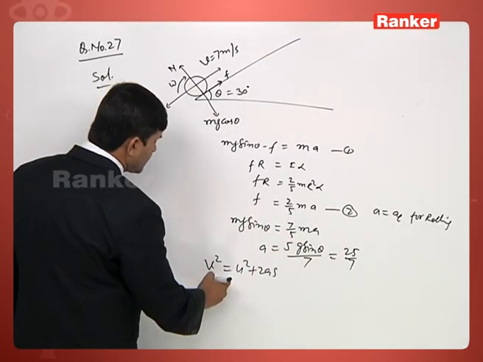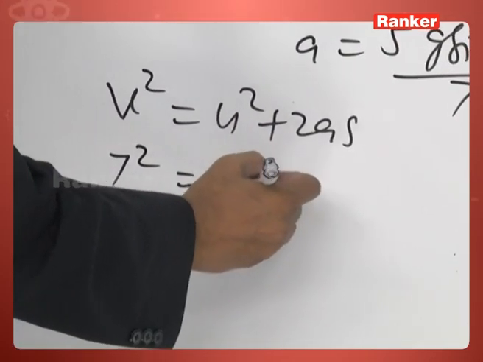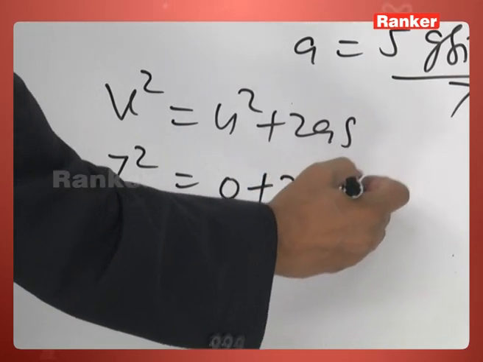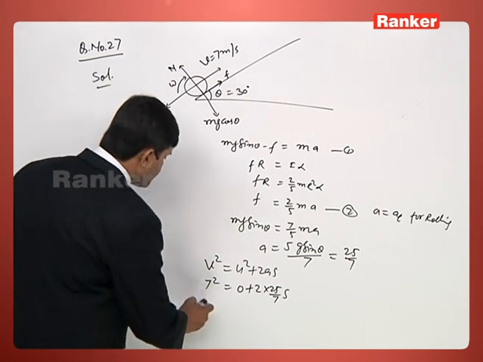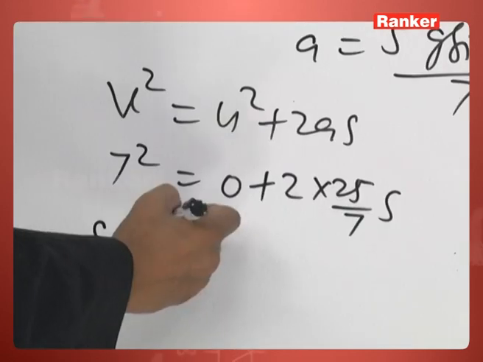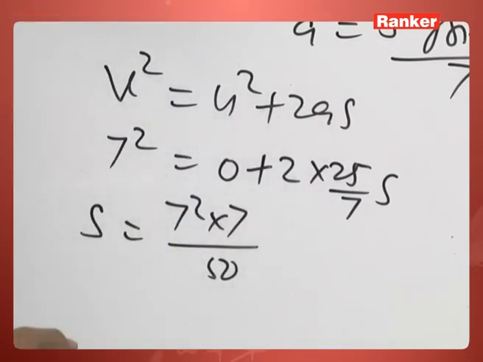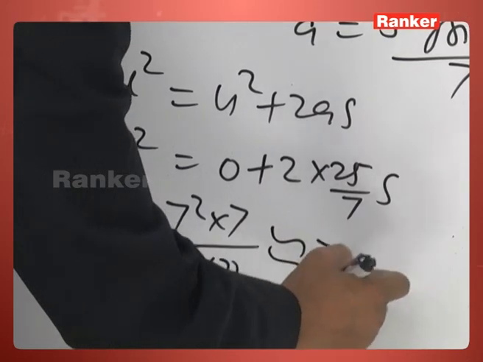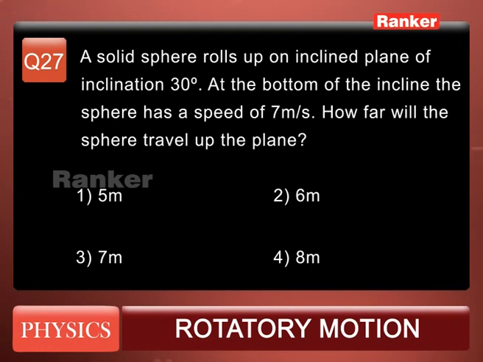V square 0, u square initial 7 square, plus 2, a is 25 by 7 into s. Now simplify, s is equal to 7 square into 7 by 50. So this is approximately 7 meter. This is the answer. So correct option is option number 3.